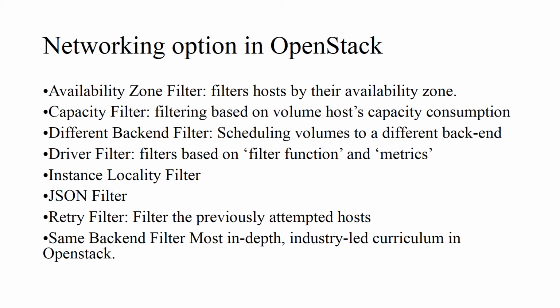It filters based on filter function and metrics. Instance locality filter, JSON filter, retry filter. The retry filter filters the previously attempted hosts. And same backend filter. So these are the networking options available in OpenStack.